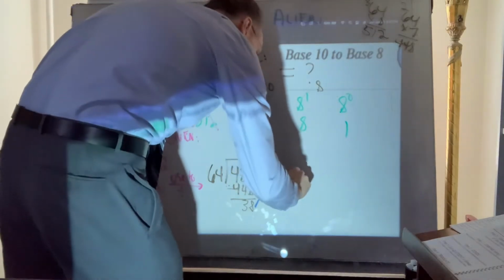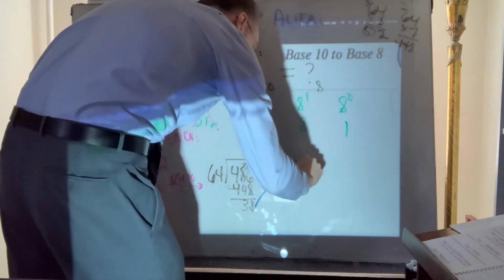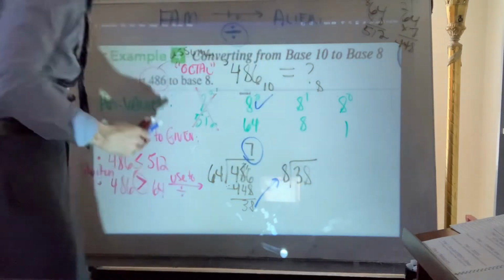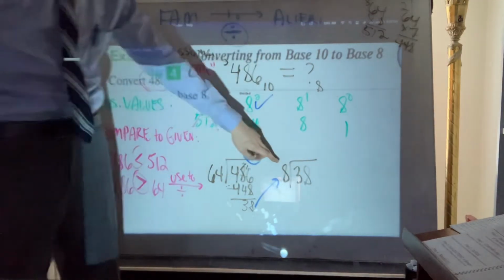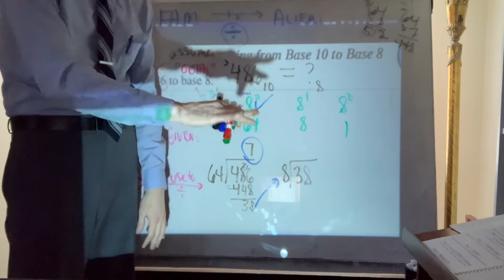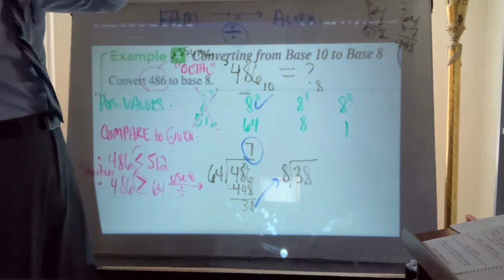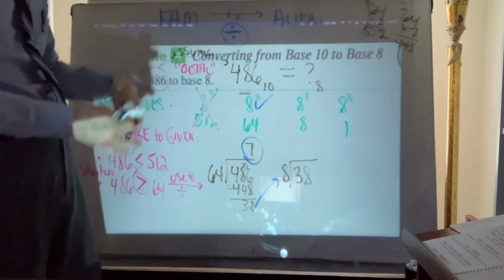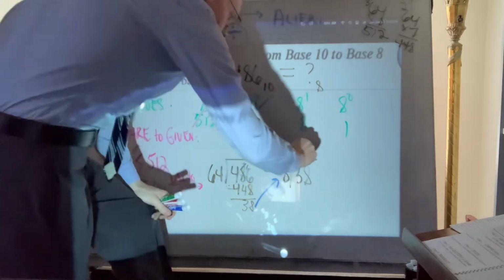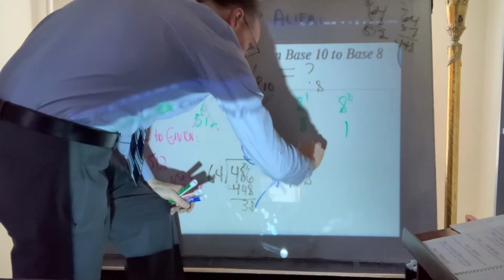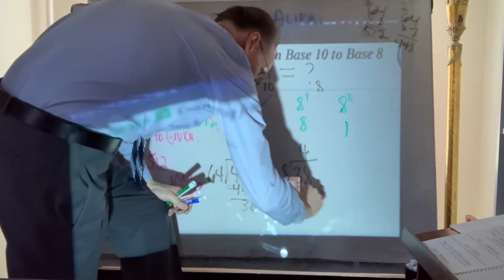All right. So 8 divided into 38. 8 doesn't fit in 3, of course, but it goes into 38, and if you know your multiplication tables, approximately 4 times. And that would be 32. Do the long division.